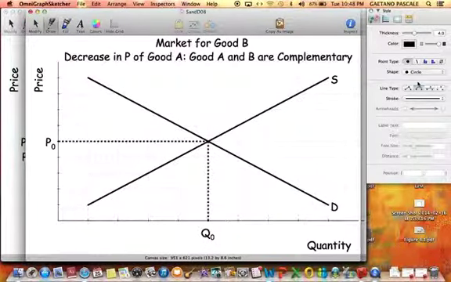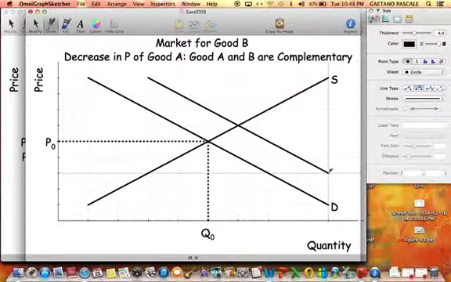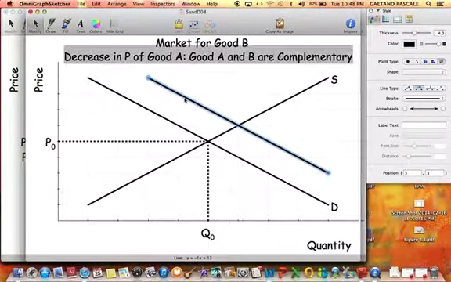So we have a decrease in the price of good A, and we're talking about the market for good B. If there's a decrease in good A, and good A and B are complementary, this will increase the demand for good B. Since they are used together and the complementary good is cheaper, people are going to have a higher tendency to consume good A, which means they're going to have a higher tendency to consume good B. So this will cause the demand curve to shift to the right.